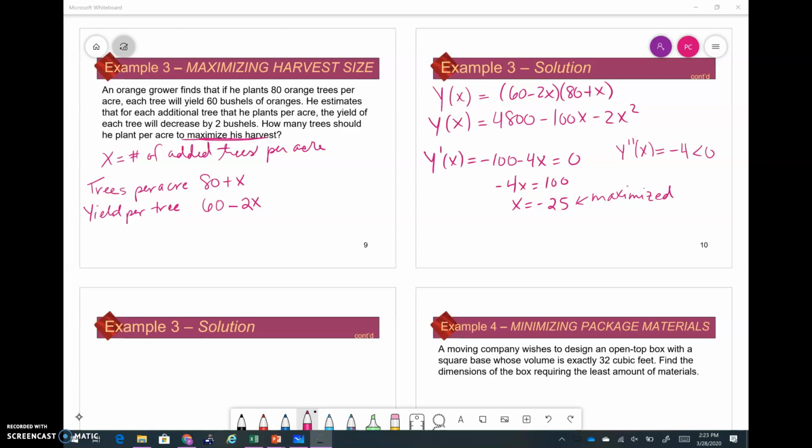What this shows is that the 80 plus the negative 25 gives us 55. So if he plants 55 trees per acre, he will maximize his harvest. So he has too many trees right now.